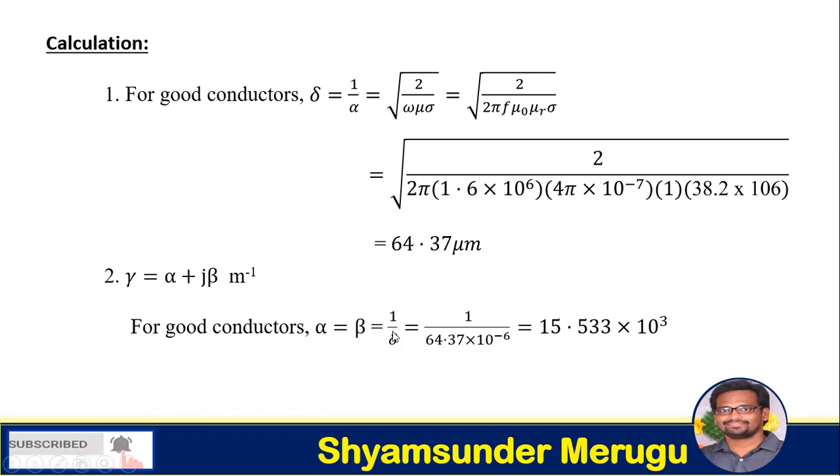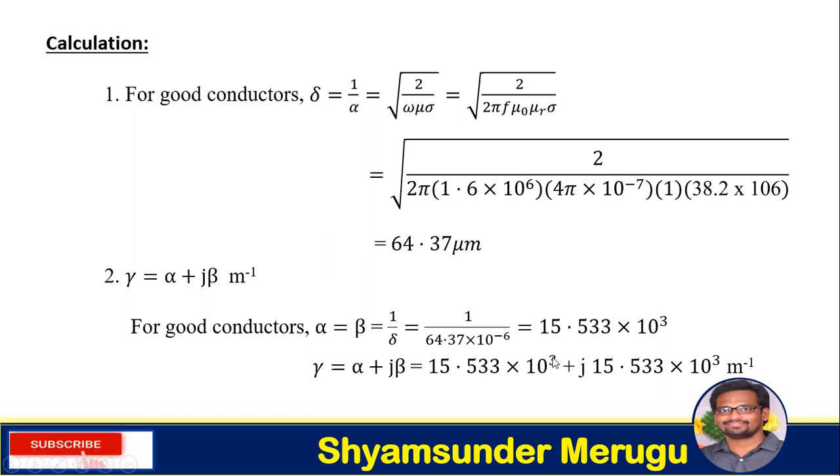So here we take 1 by delta, which is equal to 1 over 64.37 into 10 power minus 6, so that we get 15.533 into 10 power 3. Now substituting the values of alpha and beta in the propagation constant gamma, we get 15.533 plus j 15.533 into 10 power 3 per meter.